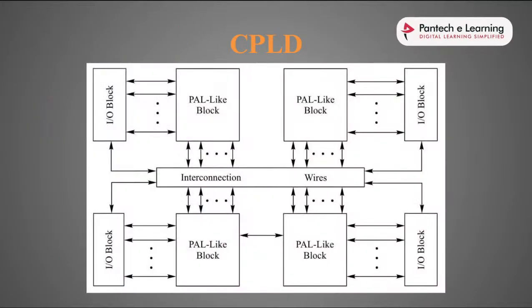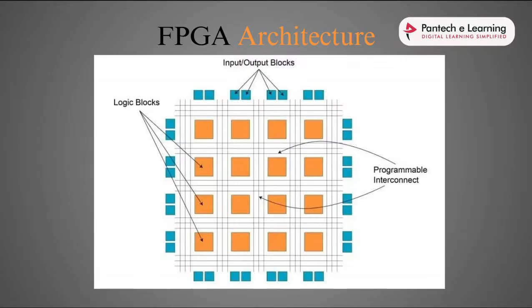So this is the architecture for the CPLD. And this is the main architecture for the FPGA. Inside the FPGA, it has wires and transistors. So how are we building the transistors inside the FPGA? Assume that this is one chip.